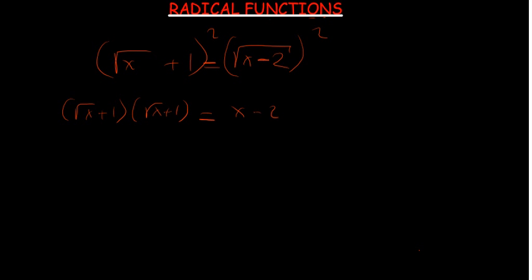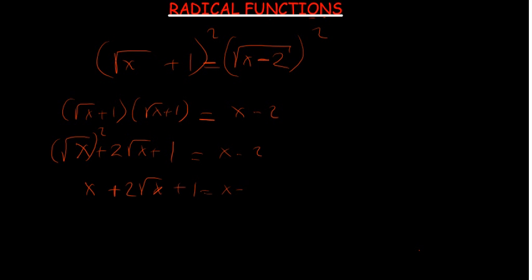So if we distribute, it will give us x, first, root x, and then plus 2 root x, and then plus 1, that will be root x squared plus 2 root x plus 1, and that will be equal to x minus 2. So the root of x squared is going to give us x and then plus 2 root x plus 1, and that will be equal to x minus 2.